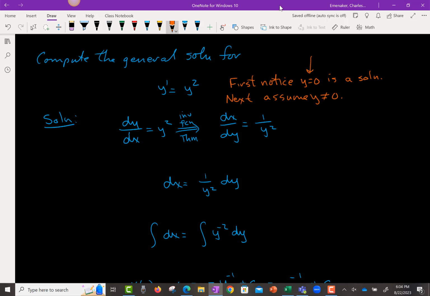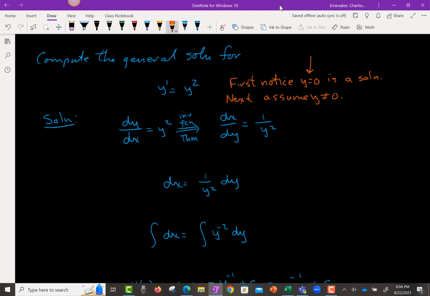Well, the derivative of 0 is going to be 0 equals, on the right-hand side, we're going to take 0, which is our y value, and square it. And 0 is equal to 0 squared. So before we even start, we have a solution to this equation. Not a very interesting one, but at least we have a solution.